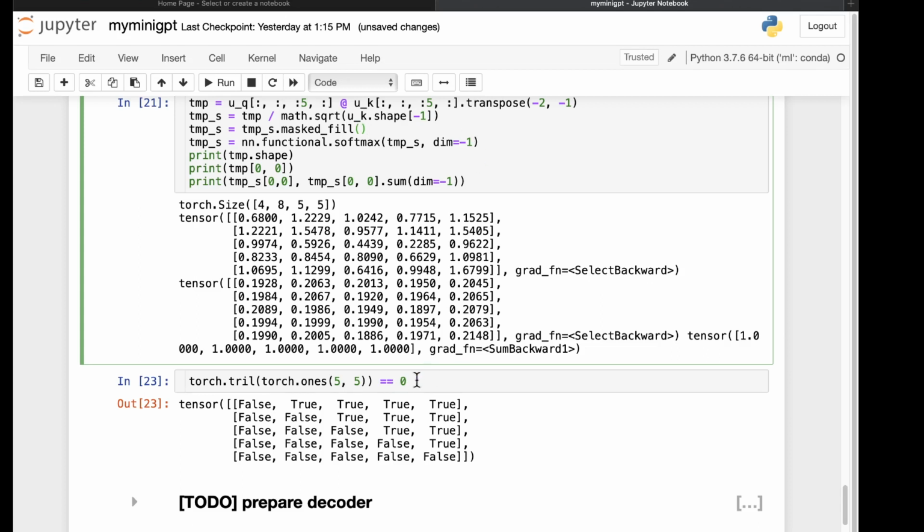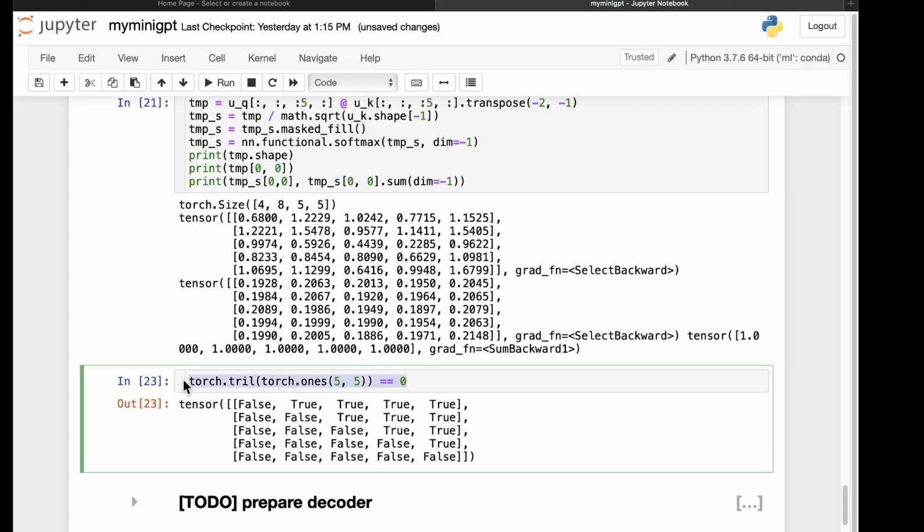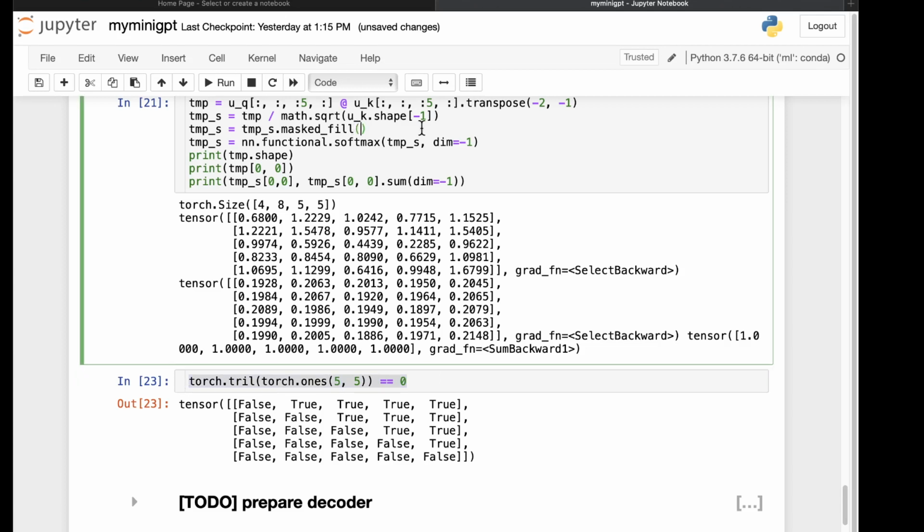So if you are like me, don't worry, everybody Googles those functions while using them. Okay, so let it be 0, and I will fill minus infinity here, float minus infinity. Let us see what we will have here.